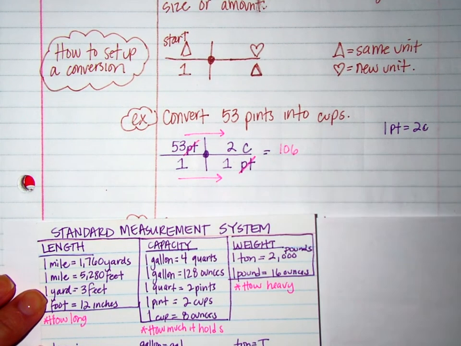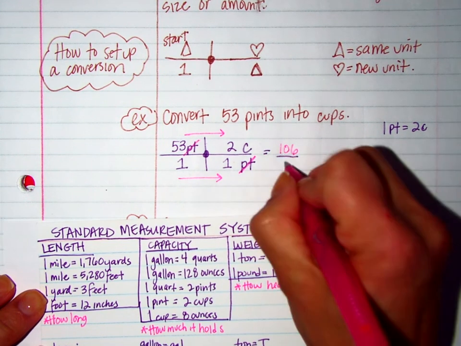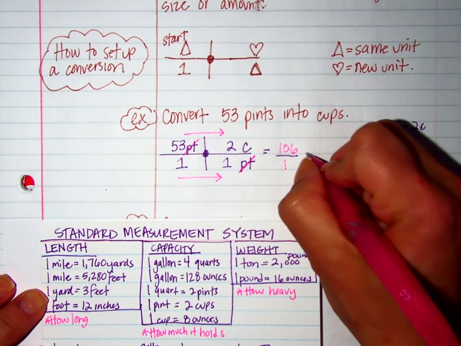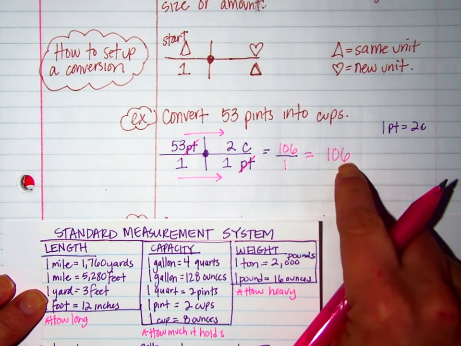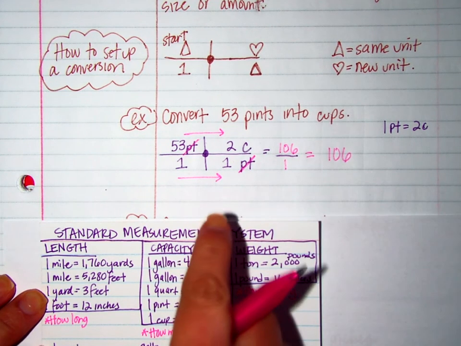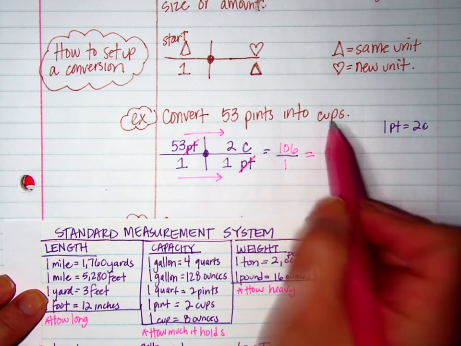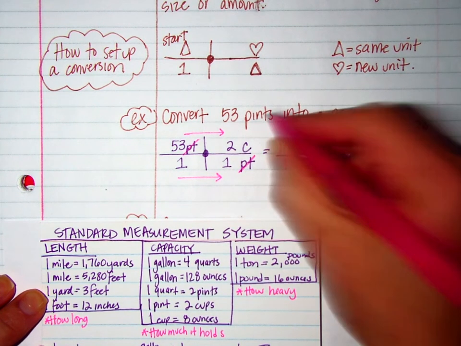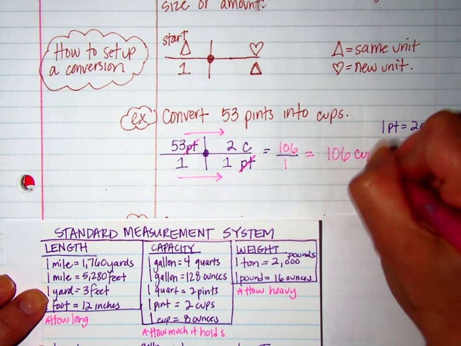And on the bottom, 1 times 1 is going to be 1. When I divide this, then I'm just going to get 106. And of course, you need to give it the right unit, the right label. So we were trying to turn these 53 pints into cups. That means that 53 pints is the same as having 106 cups. Okay?